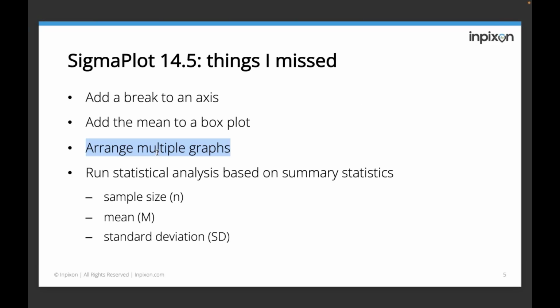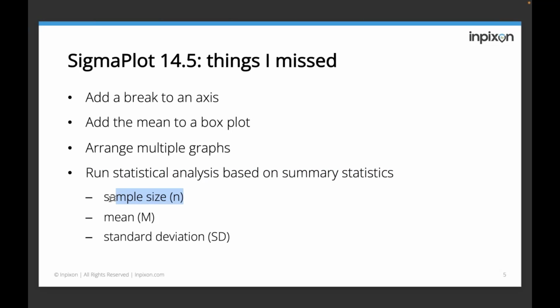And sorry, I'm a data analyst, so I'm focused on statistical analysis. And here's the thing about statistical analysis. You can run them, not all of them, of course, but when it comes to the comparison of groups, you can run the statistical analysis based on summary statistics. You don't need the raw data.